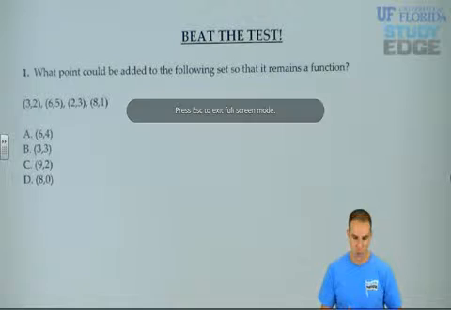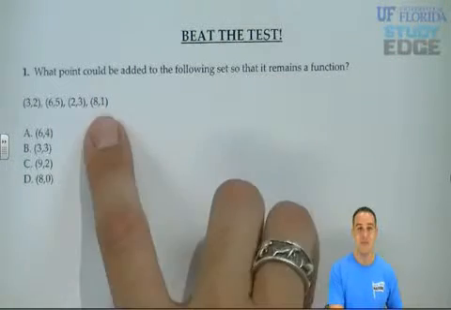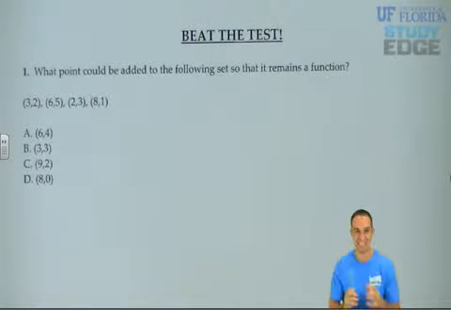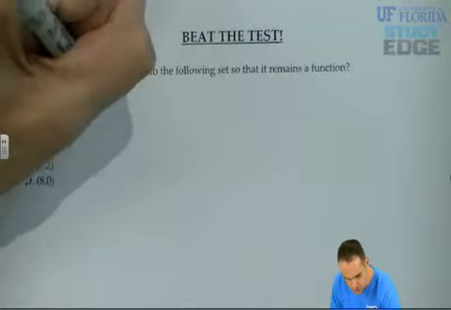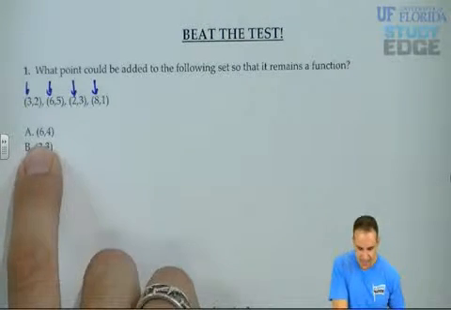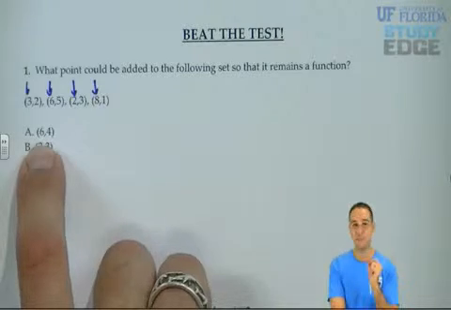Let's beat that test. What point could be added to the following set so it remains a function? Remember, a function, what are you looking at? The x's. So here I'm looking at 3, 6, 2, and 8. So ready? A has 6, but we already have a 6. And remember, every x has to be different.